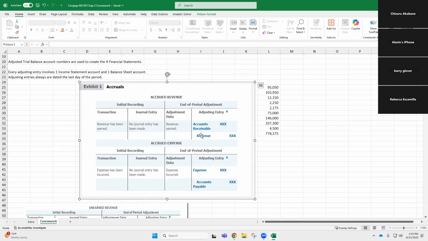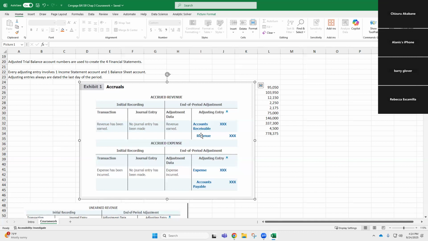So like I said, if we find a job that we completed, but we need to go ahead and bill them, we want to make sure that the revenue reflects the accounting period that we're doing a month end or a year end for. Okay, so here is the adjustment. There are certain adjustments that are done on purpose.